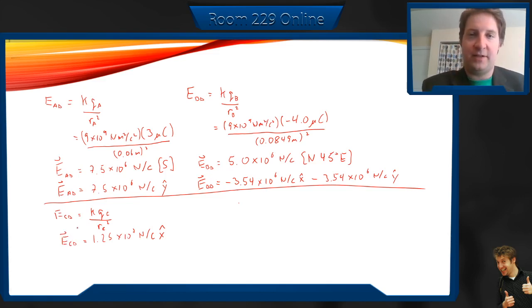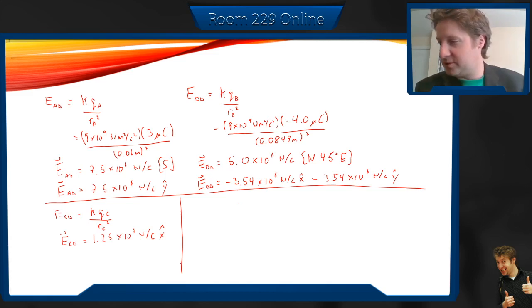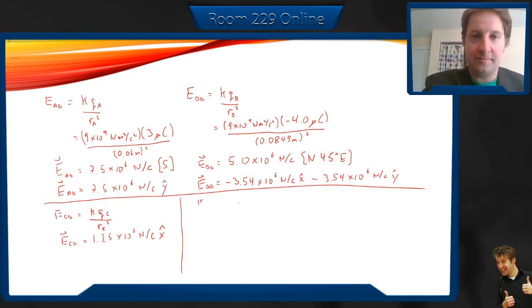Here I have my three vectors I need to add, and since I already have them broken up into components, it's quite straightforward. The total in the x is just going to be, which ones are x?